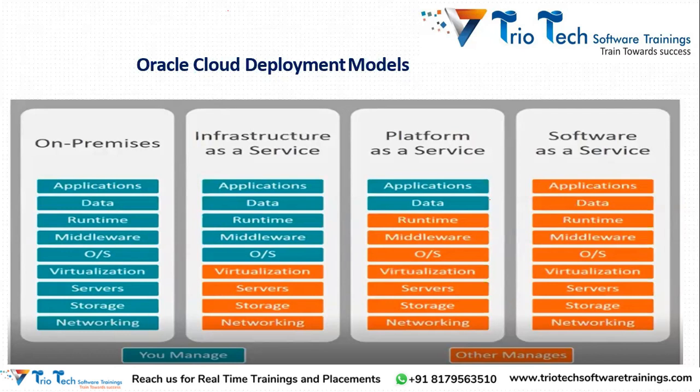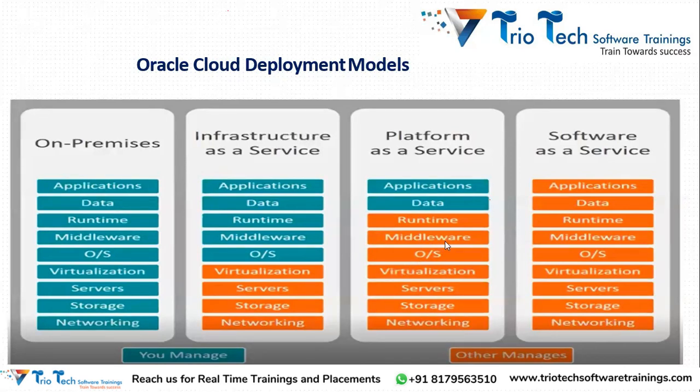The characteristic of that particular licensing is that applications and data can be managed by the client who is purchasing the licenses for that platform. But everything else, that is the servers, storage, networking, operating systems, middleware, is managed by Oracle.